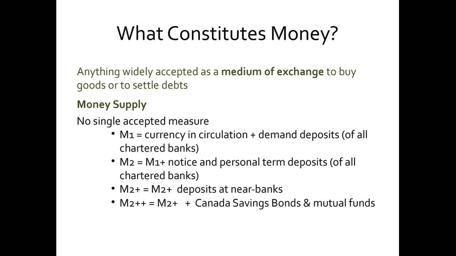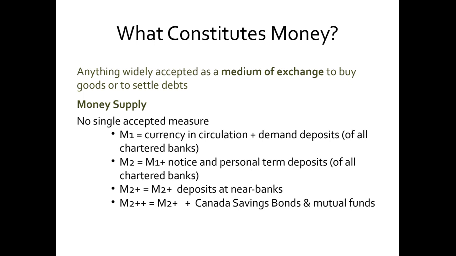See, M1 is currency plus demand deposit, 100% liquid. You can use your checking account whenever you want. You can withdraw your money from your checking account. So it's 100% liquid. Currency is 100% liquid. Then you have notice and personal term deposits. So it's not 100% liquid. If you need it, you need to give notice to the bank before you withdraw that money. So it takes some time, right?